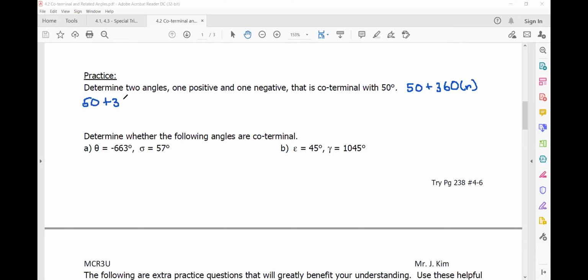50 plus 360 times 88. This means I am rotating 88 times, so 88 times 360, and then adding another 50 to it.